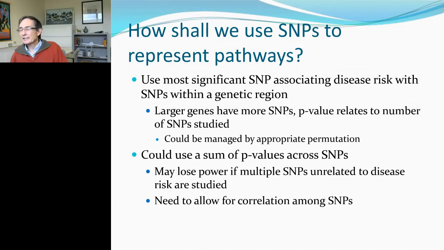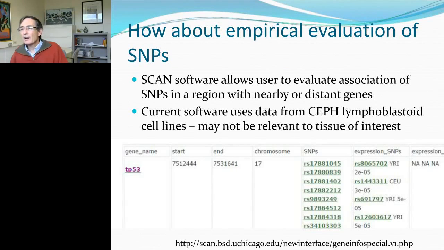One way to manage this is by a permutation procedure. You could also use the sum of p-values across SNPs, and that will not cause a problem of inflation with larger genes, but it might lose some power if multiple SNPs are unrelated to the disease risk that's studied. And you would need to allow for some kind of correlation among the SNPs.